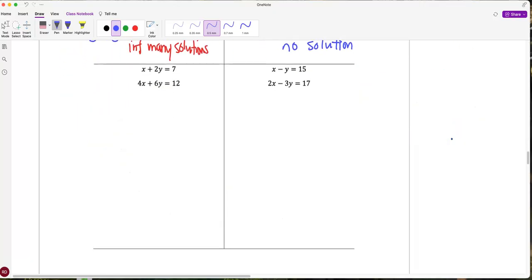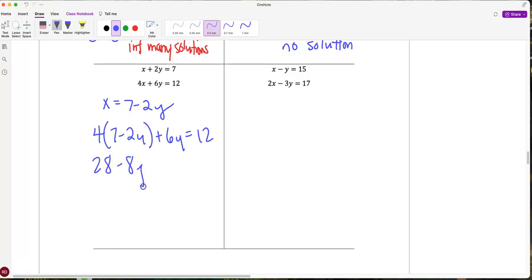x plus 2y equals 7. Solve the first equation for x. x equals 7 minus 2y. Plug that into the next equation. 4 times 7 minus 2y plus 6y equals 12. So 28 minus 8y plus 6y equals 12.